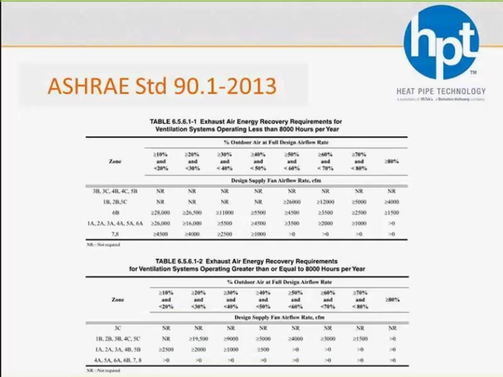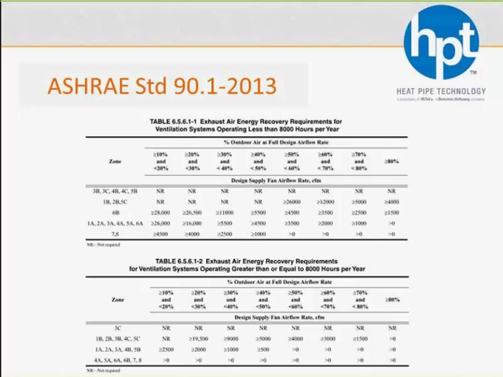So why does that matter? The other thing it gets into is breaking down whether energy recovery is required based on the outside air that's needed for that system. And then it breaks it down based on those climate zones. Generally, the more outside air that's required, the better chance there is that energy recovery is going to be required.